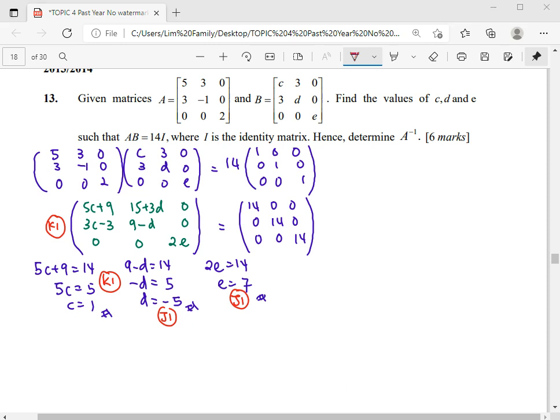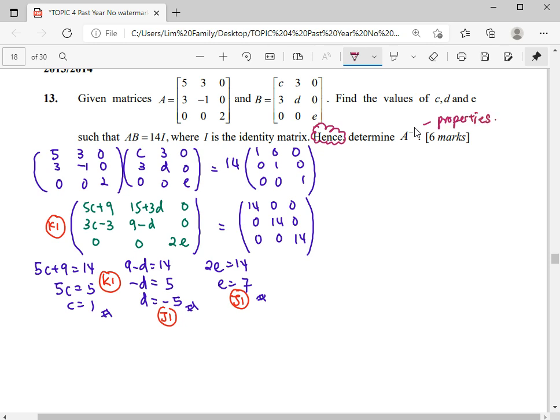Okay, so we go to the second task. In this question, they say hence. Hence means I have to use what I have here. The information is C, D, E, and AB equals 14I. To find A inverse, I need to use the concept of properties.